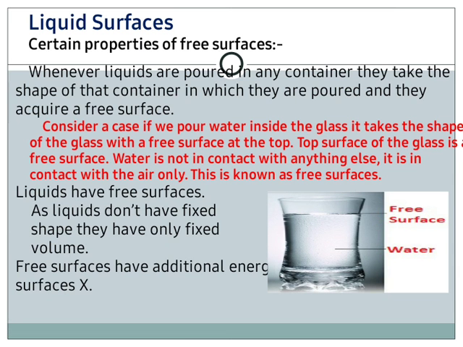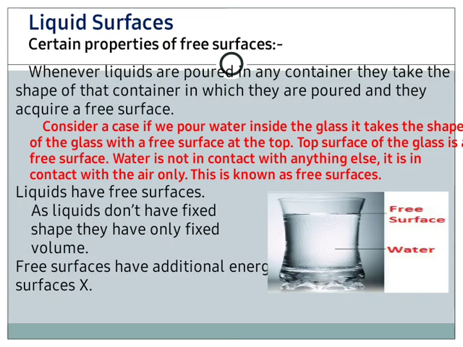It is only in contact with air. When water is in the container, it will have an interface between the two fluids, water and air. So, it will have a free surface.